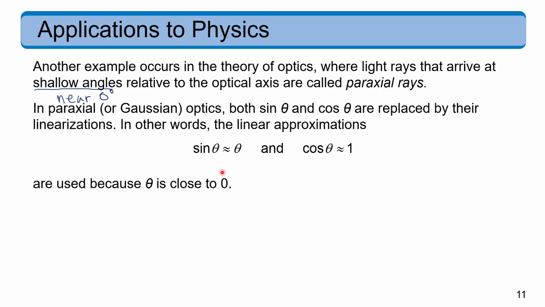We already discussed for sine that sine of theta is approximately theta for theta near 0. You can do the same thing with cosine. Find the linear approximation to the cosine function at x value 0, and you'll get it's equal to 1. So as long as theta is near 0, cosine theta is near 1, and sine theta is near theta. So in these physics applications, they'll often replace sine theta with theta and replace cosine theta with 1.